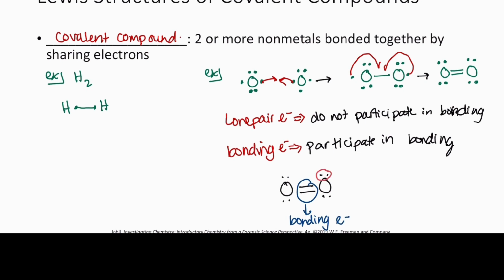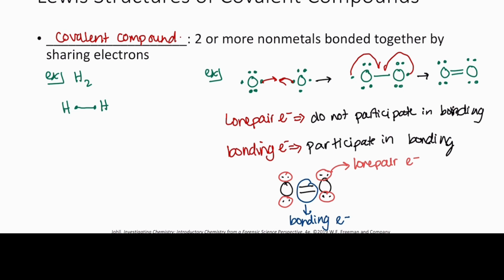And all of the dots, these are all my lone pair electrons. And this is where I see some confusion. There are four lone pairs, but a total of eight lone pair electrons. So make sure you get that distinction correct in your brain.